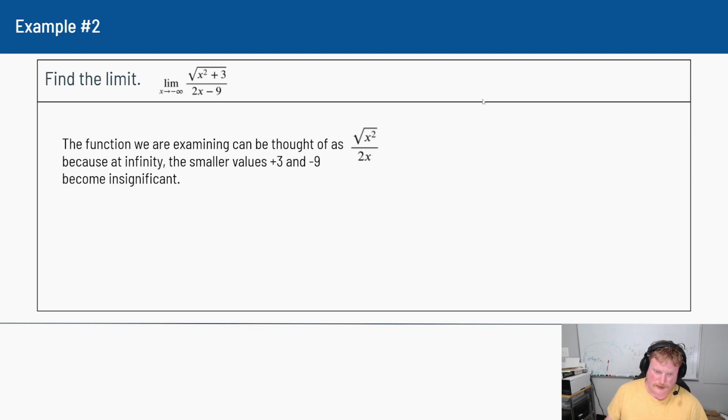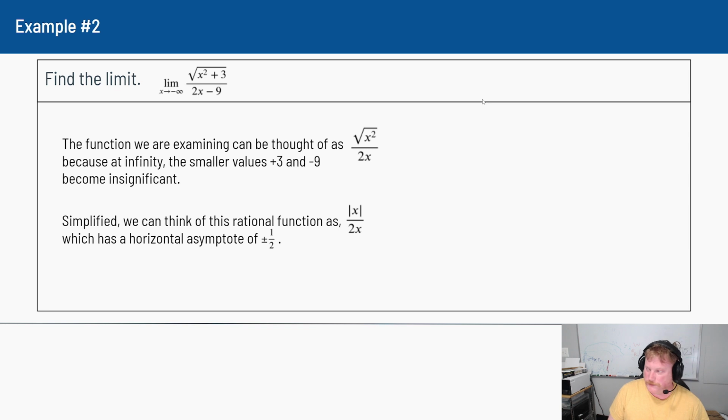Now simplifying this, the square root of x squared is a definition for the absolute value of x. So really what we want to think about is the rational function, the absolute value of x over 2x. Now this has a horizontal asymptote of plus and minus 1/2. Again, you can review finding horizontal asymptotes in the video linked in the previous slide. But quickly, this rational function has a degree of 1 in the numerator and a degree of 1 in the denominator.